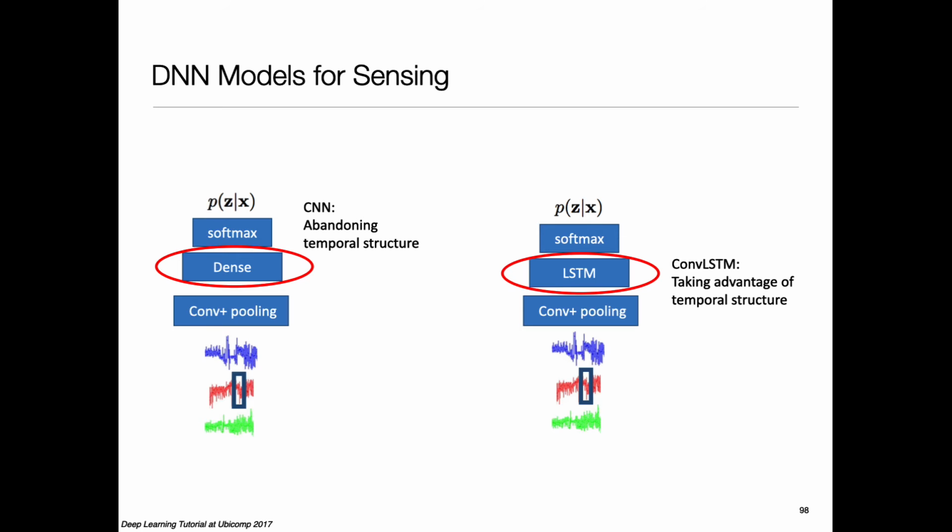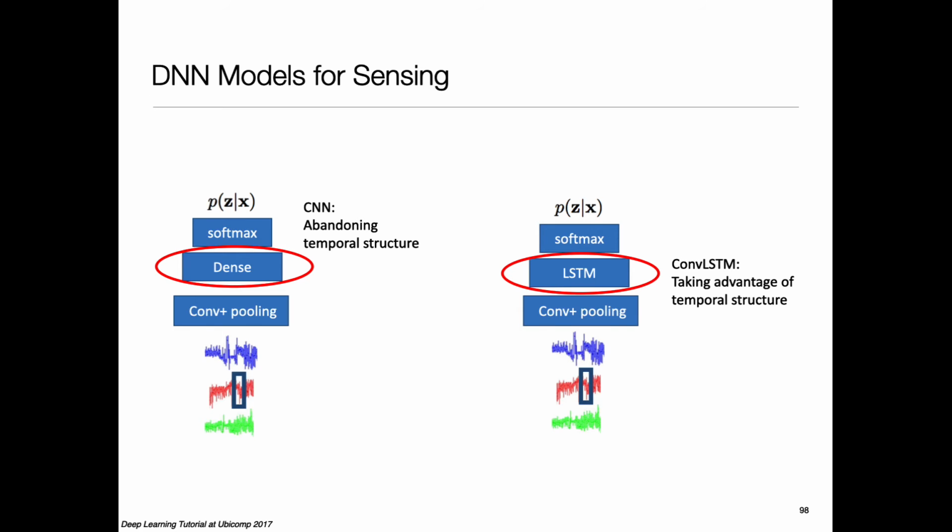So what is happening there? In the convolutional days, we would do convolution and pooling followed by a dense layer. Now with ConvLSTM, we do convolution and pooling followed by an LSTM instead of this dense layer. This captures temporal structure better and generally yields better results.